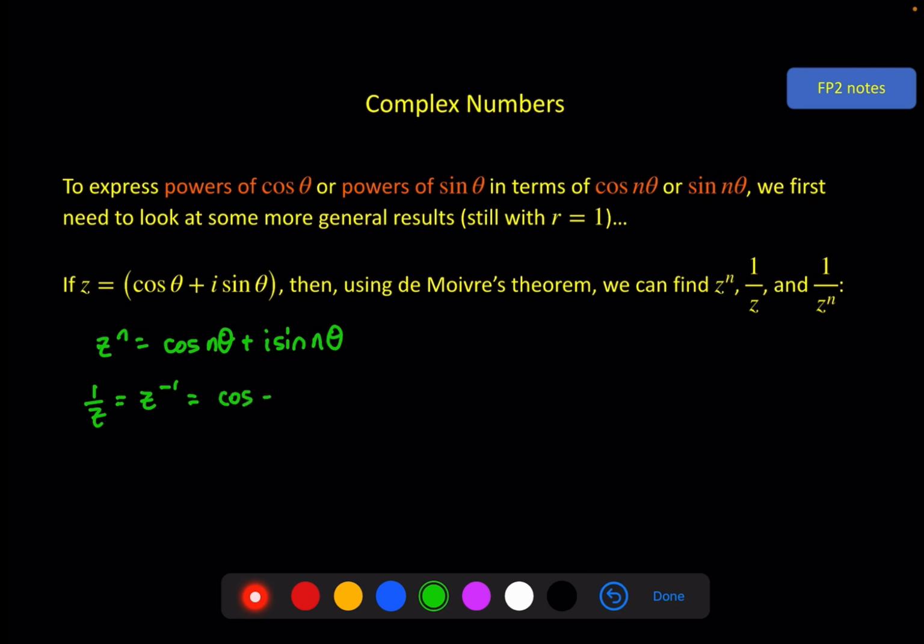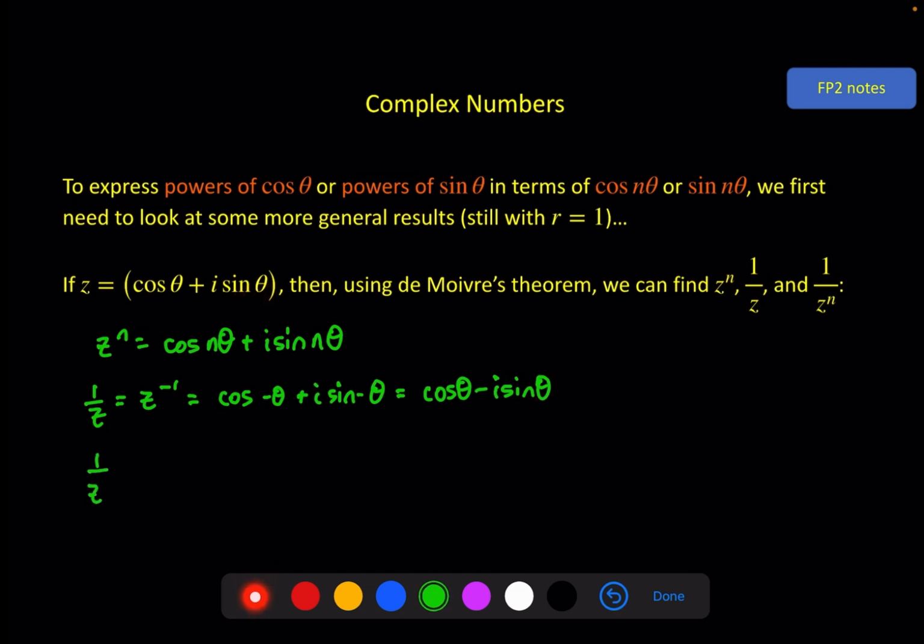So we get cos minus theta plus i sine of minus theta, and then those properties we use so often to get the plus in there, we're going to use those again to simplify this to cos theta minus i sine theta, so that we can combine the sine theta with this sine theta later.